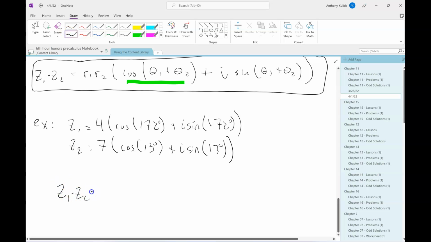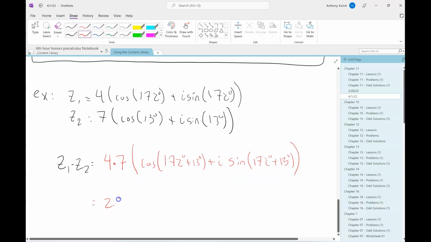So Z1 times Z2 is going to be: multiply the r's together and add the angles together. So what do I get? 28 times cosine 185 plus I sine 185.